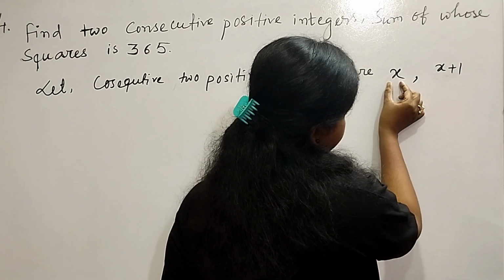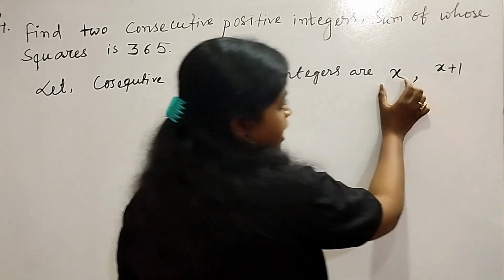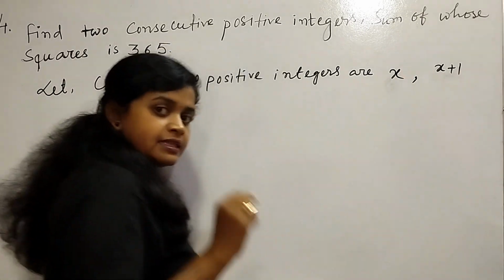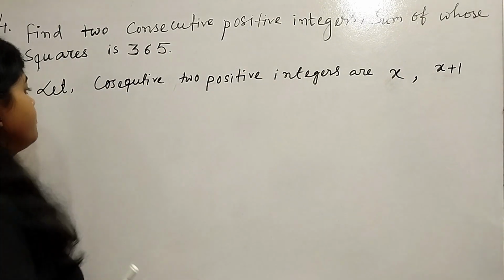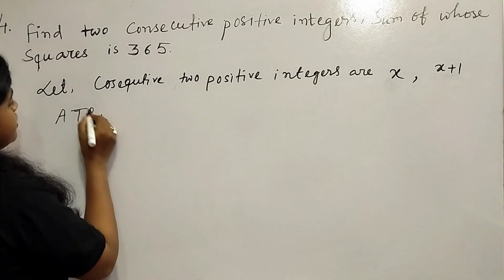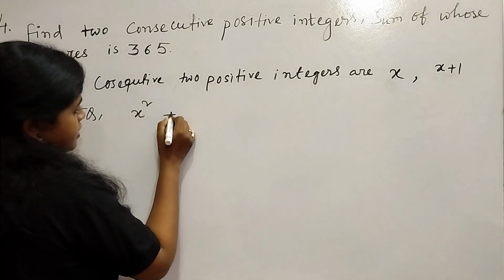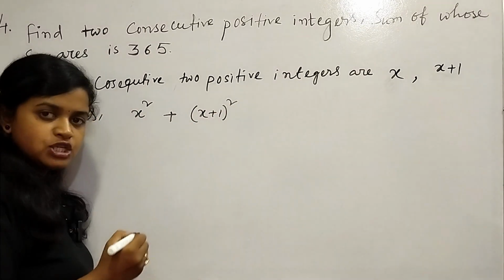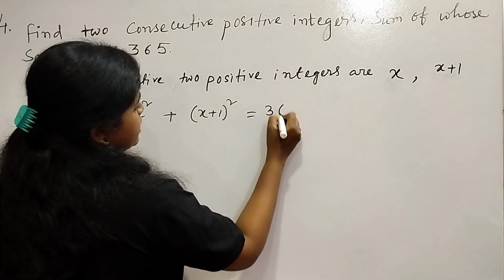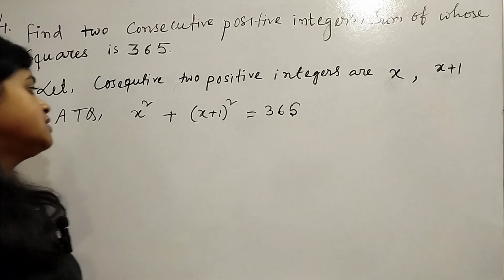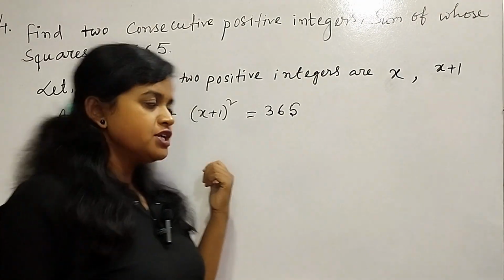First we will do the square of these two numbers, then we will add them. So according to the question, we will write x square and x plus 1 whole square, and their addition equals 365. So this is the statement according to our condition.